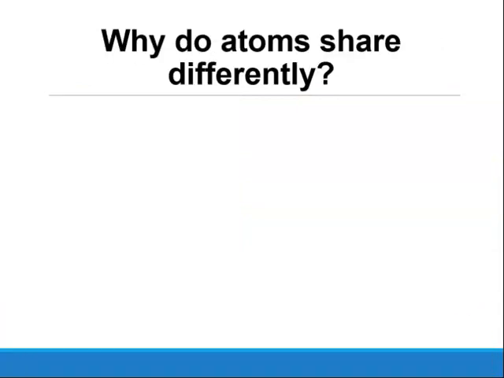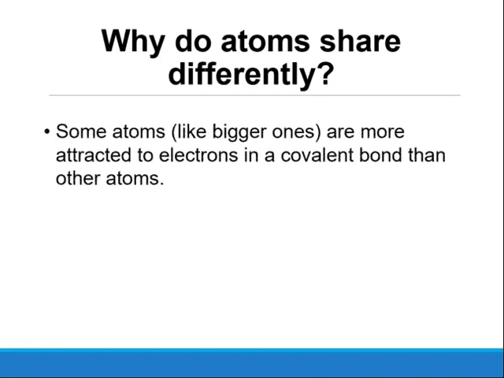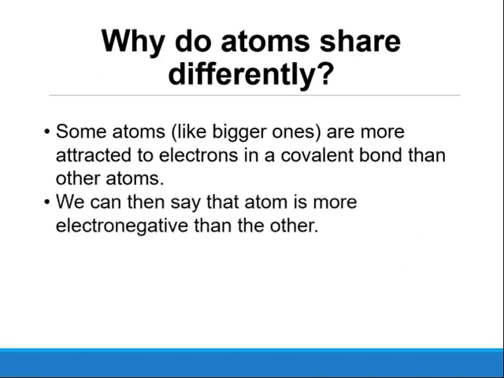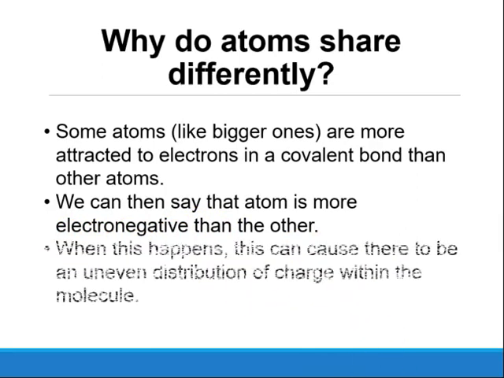So why do atoms share differently? Some atoms, like bigger ones, are more attracted to electrons in a covalent bond than other atoms. So we can say that an atom is more electronegative than the other. Now when this happens, it can cause an uneven distribution of charge within the molecule.